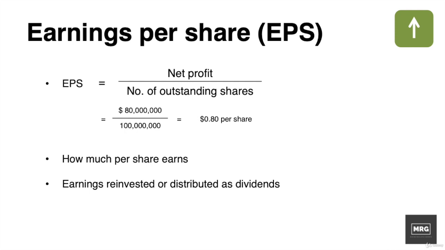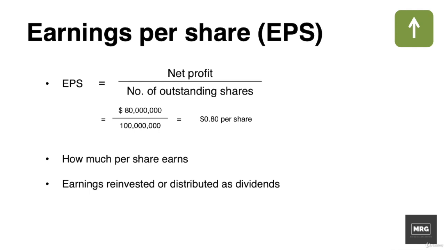The next financial ratio we want to look at is earnings per share, commonly known as EPS. This is a very common ratio used by financial analysts or investors to evaluate how much earnings each share is giving. The formula for earnings per share is net profit divided by the number of outstanding shares.